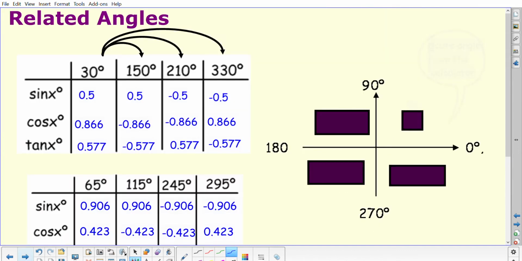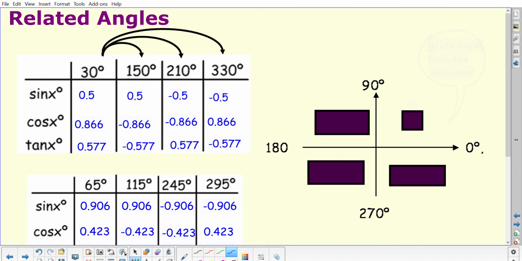The other thing that is interesting about sine, cos and tan values is that there are some connections between them. For example, if I pick these values, 30, 150, 210 and 330, and then I press the sine button on the calculator, notice that 0.5 is appearing with all of them for the sine values.